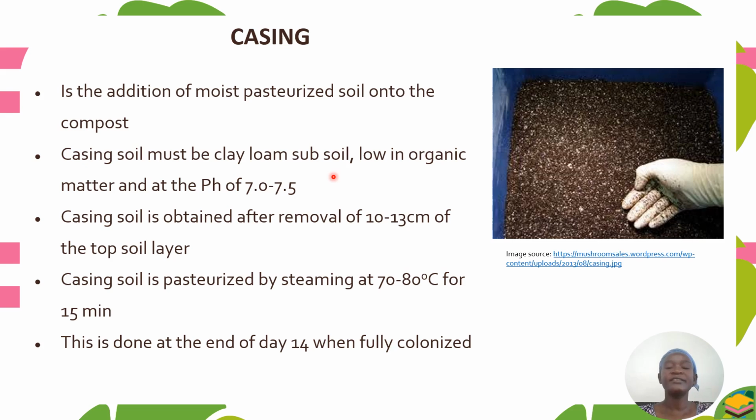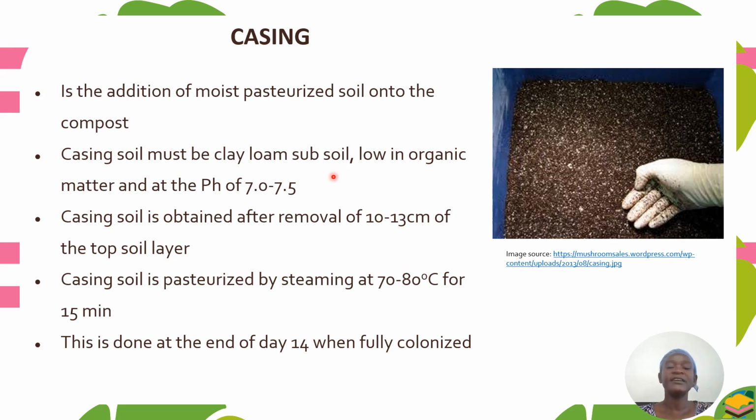On the characteristics, we found out that in the topsoil there are several microorganisms, and the microorganism population is very high. But remember, the place or the materials where we are going to grow our mushrooms should not have a high population of microorganisms. And subsoil is a true reflection of that.